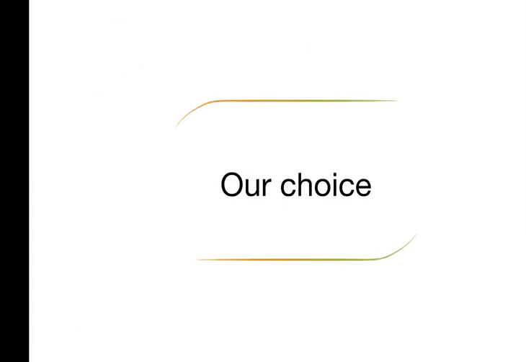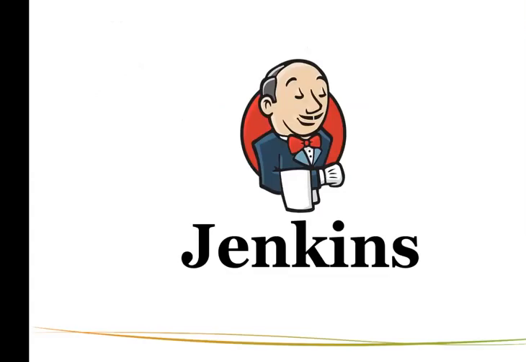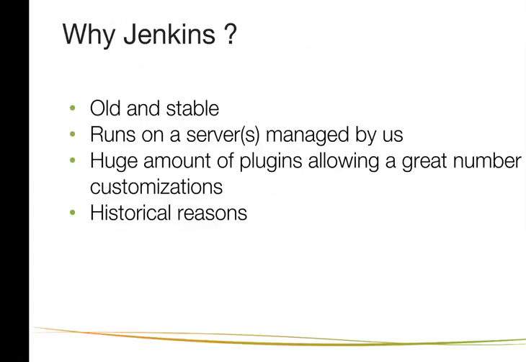So our choice, as you already know, is Jenkins. And the reason why we chose Jenkins is, well, it's old, it's stable, it runs on a server that we manage, and it has a huge amount of plugins, so everything you want to do, or most of the things you want to do, are already available as a plugin that you only need to download and install.